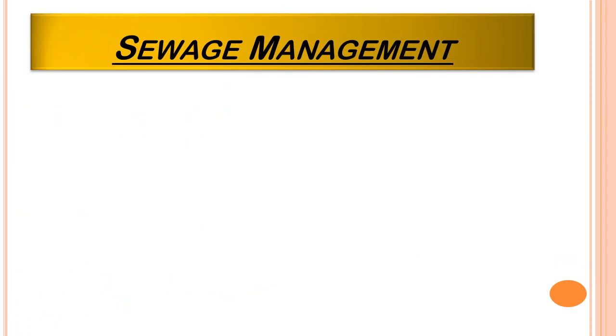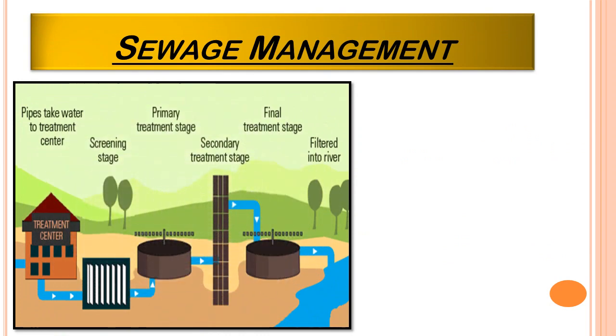Now we have sewage management. In villages, domestic sewage is disposed of either in nearby soil or in a biogas plant, however in cities sewage needs to be carried to a processing unit and acted upon by microbial processes. So in urban areas, proper sewage management should be done.